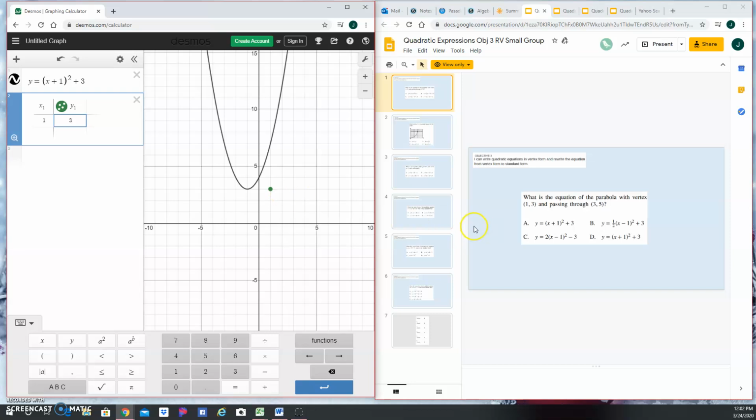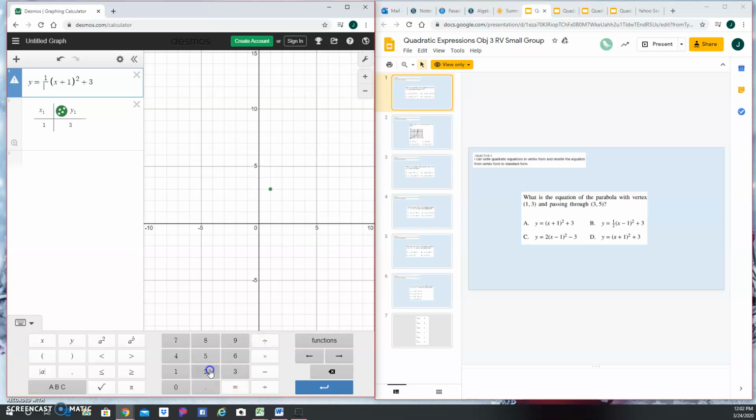I will now go ahead and proceed to letter B. So I'll just type in here in the front 1 over 2, and that's going to be x minus 1. Oh, my bad. (x minus 1) squared and then plus 3. So this is, oh wow, this looks like it is.